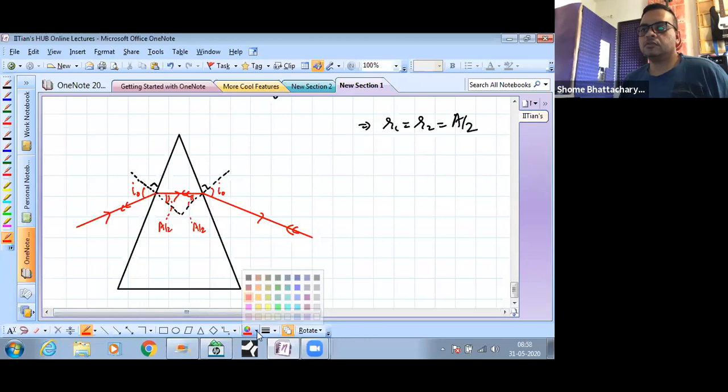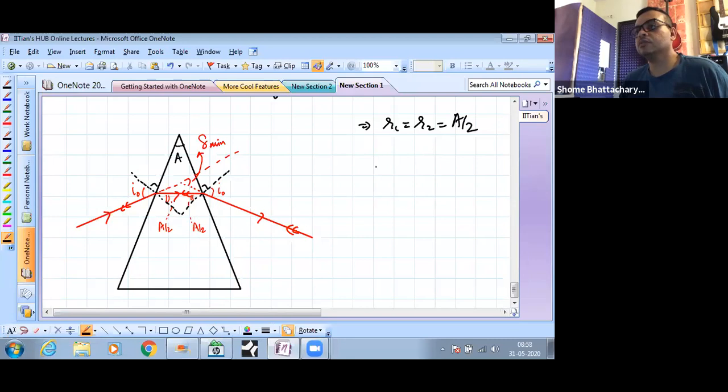And therefore our angle of deviation we get as this. This angle here is delta minimum. So formula wise, it works out like this: R1 equal to R2 equal to this.